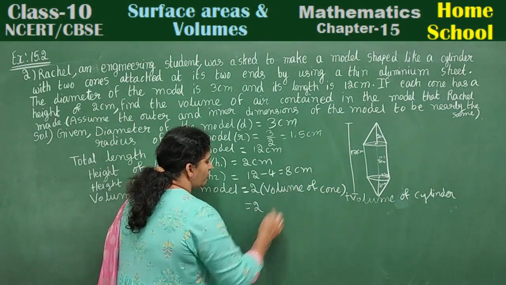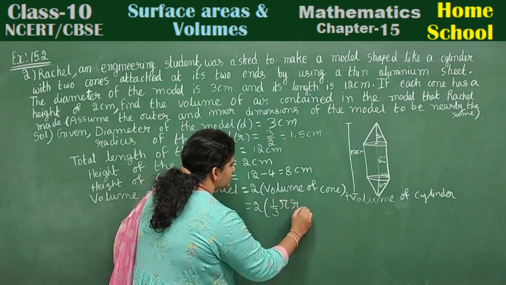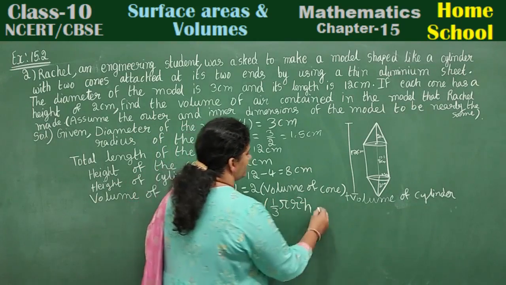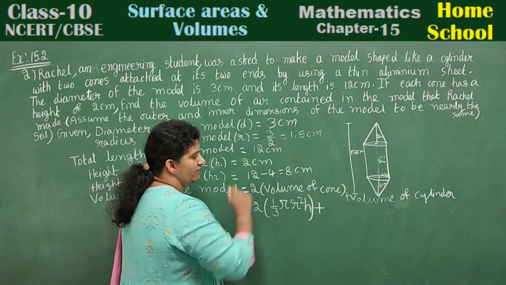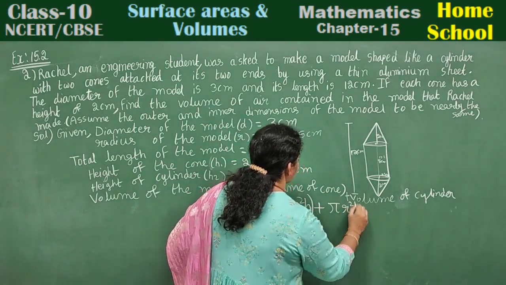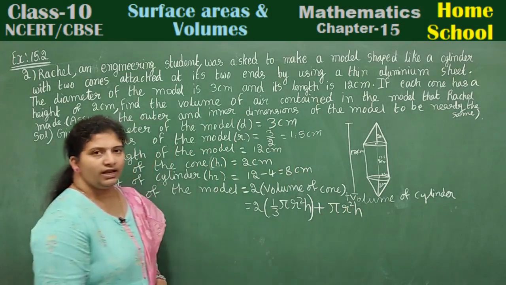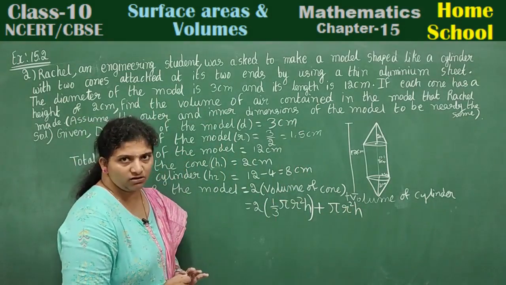2 times volume of a cone, formula 1 by 3 pi r square h, plus, close the bracket, only for this one, volume of a cylinder, pi r square h. Now in these two, is there anything common? Pi r square is common.